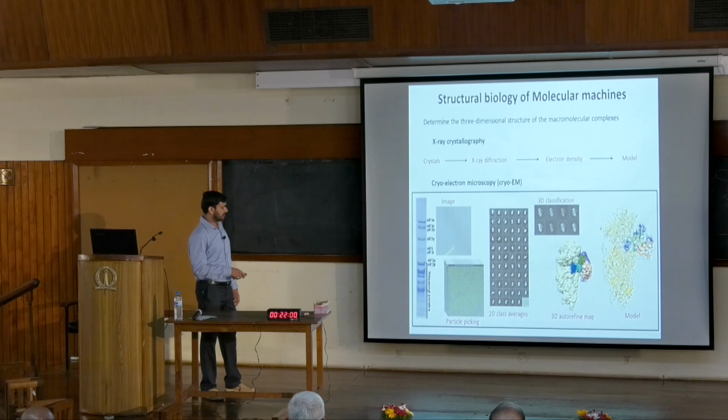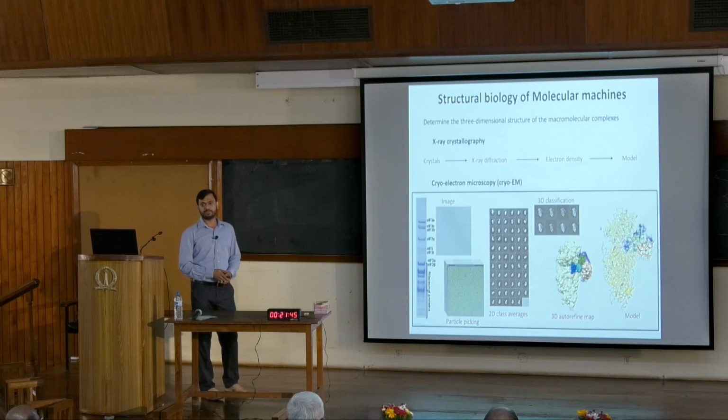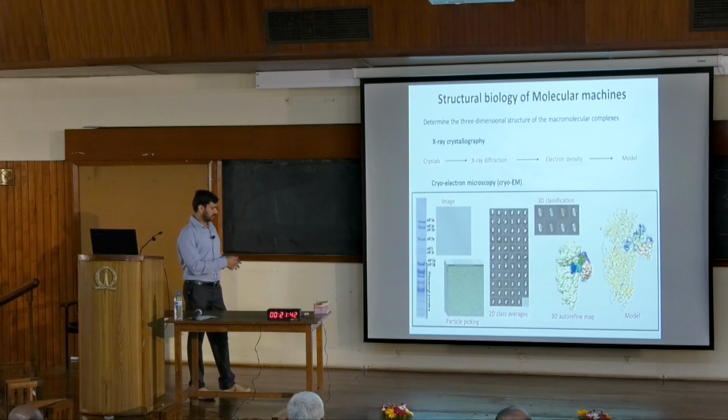Multiple images are collected, and we pick up the particles. Each particle is picked up. Similar views are combined in 2D class averaging, and the 2D class averages are then combined to give the three-dimensional model of the macromolecule or the molecular machine here.